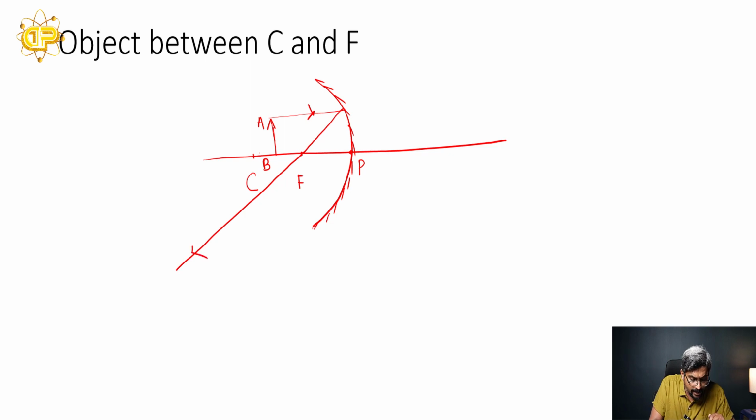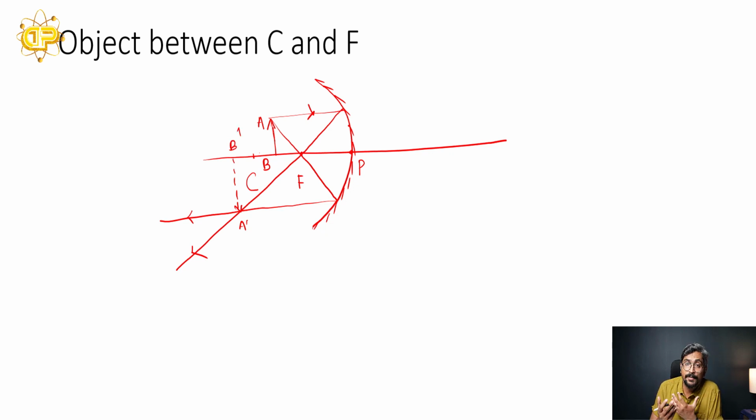It is not necessary that you should take the same condition which I am taking. I'm just taking another ray which is passing through the principal focus, and definitely after reflection, this line will be passing parallel to the principal axis, and at this very point they will meet, and here you will get A dash and an image will be formed here. This will be B dash.